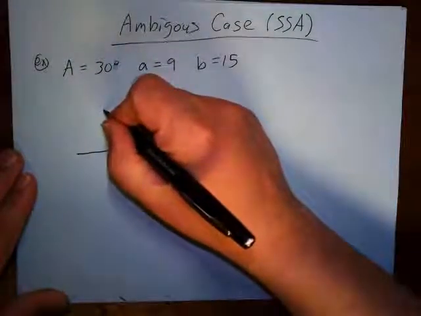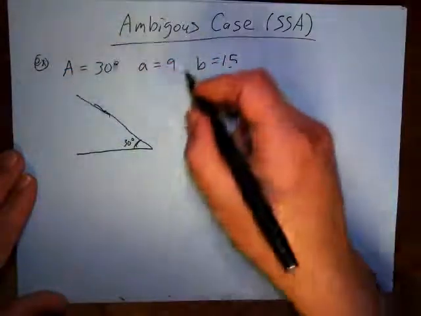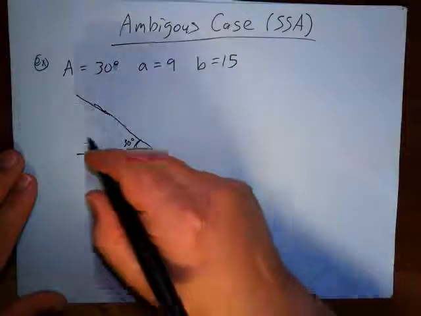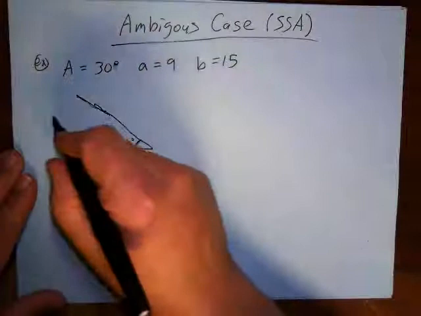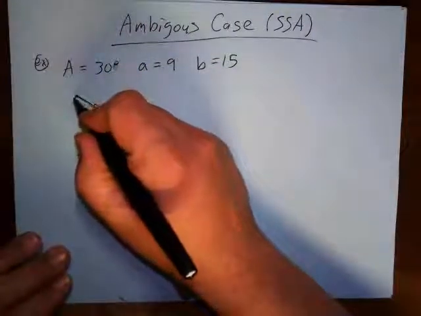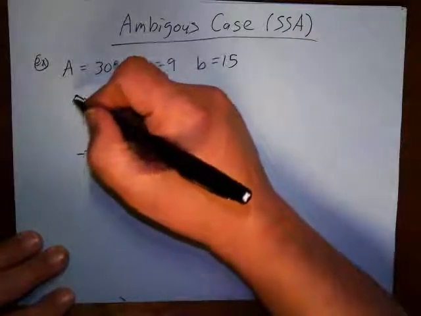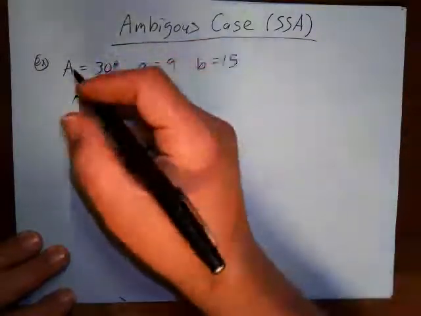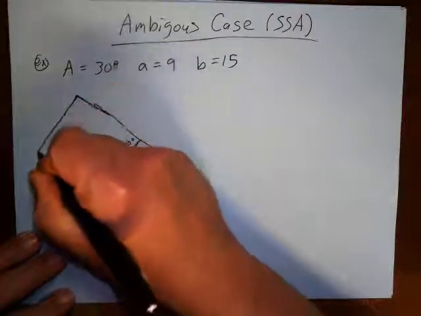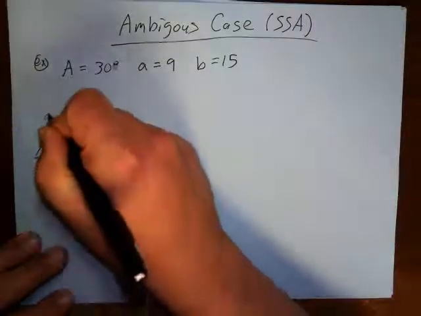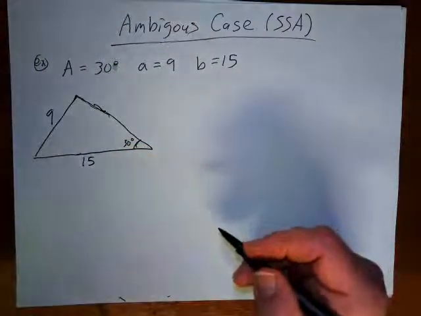This side opposite is 9, so I'll bring this down here like this, and we'll say this is 9, and this is 15 here.